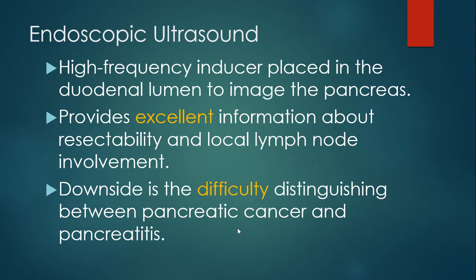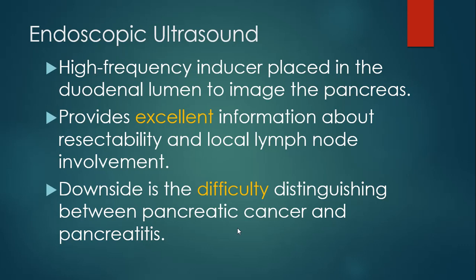This is another investigation which is very helpful. It is called endoscopic ultrasound, and by the name you can understand that it is ultrasound done through an endoscope passed up to the area of the duodenum, and images are taken around that portion.